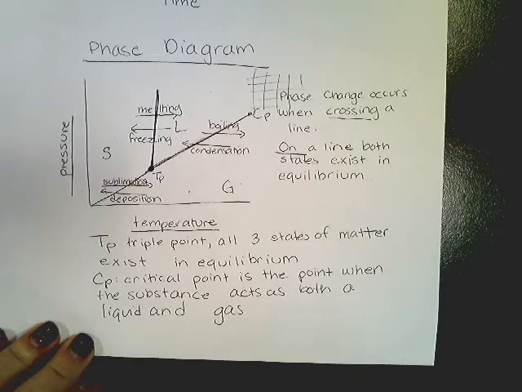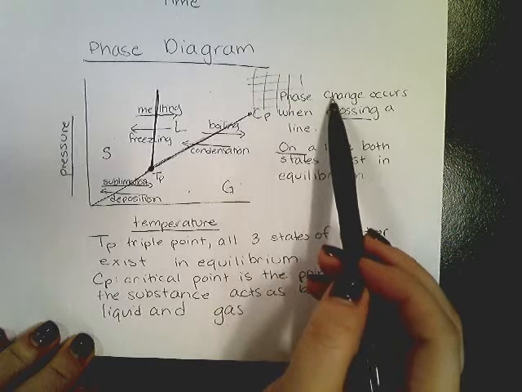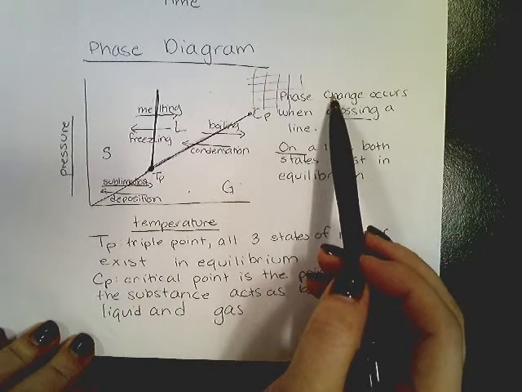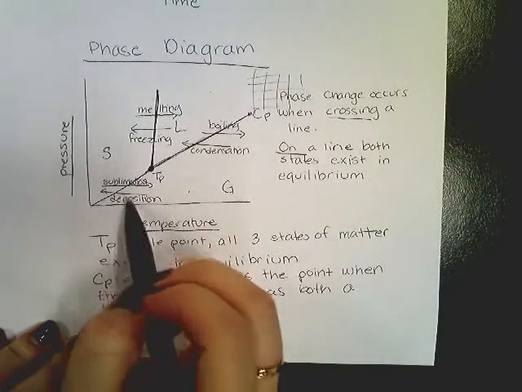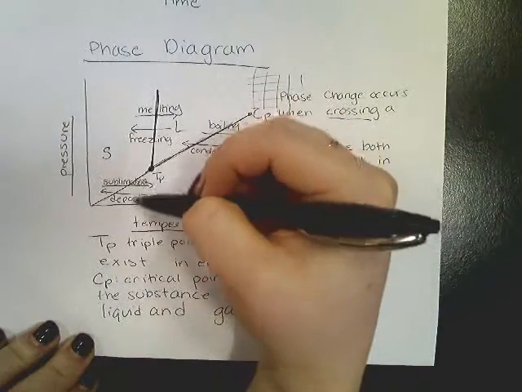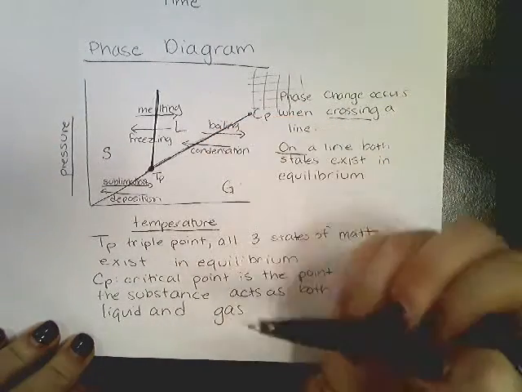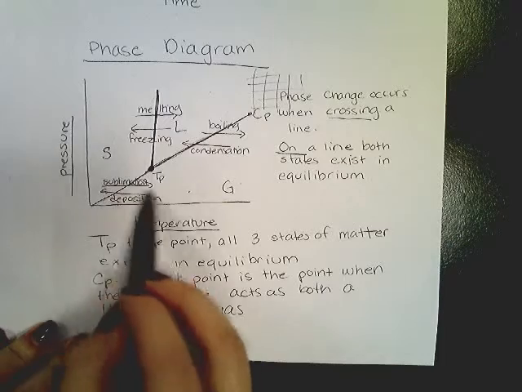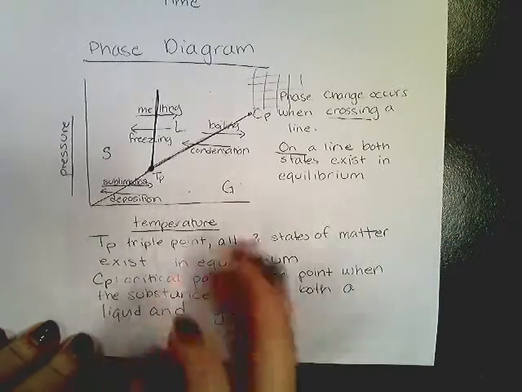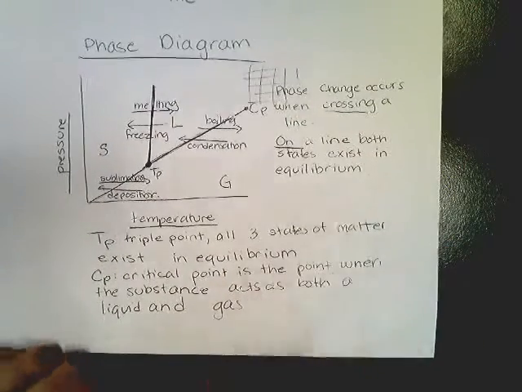We can cause a phase change by either changing pressure, and if I change pressure, I'm going up or down, or by changing temperature, well, I'll go across. So let's add that as well.